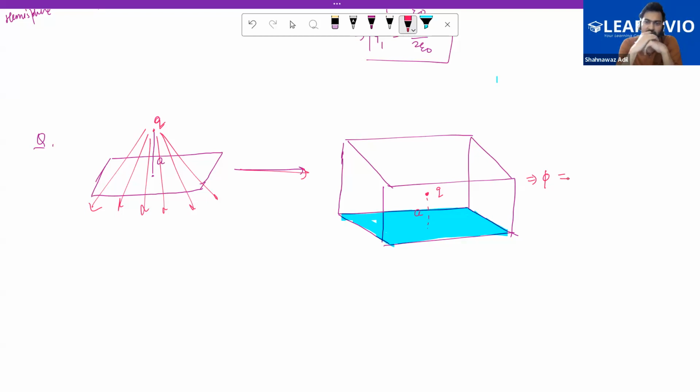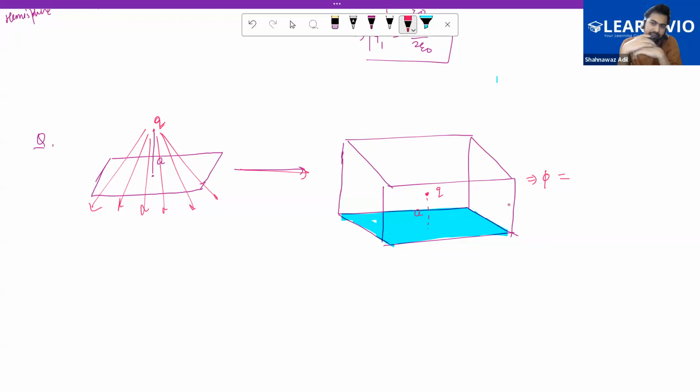For every closed surface, Gauss law says that the flux is 1 by epsilon times the charge enclosed.